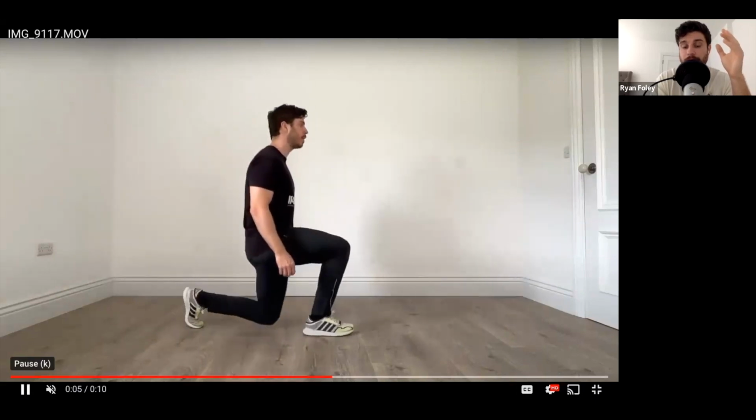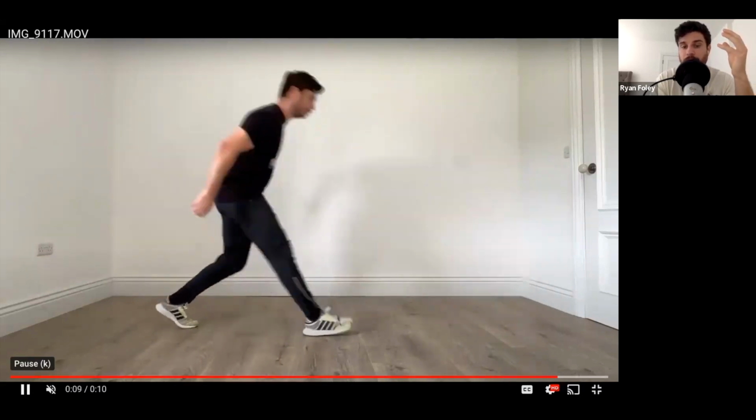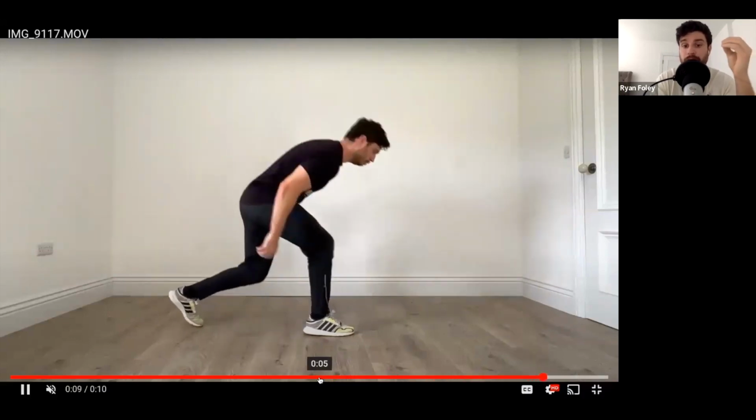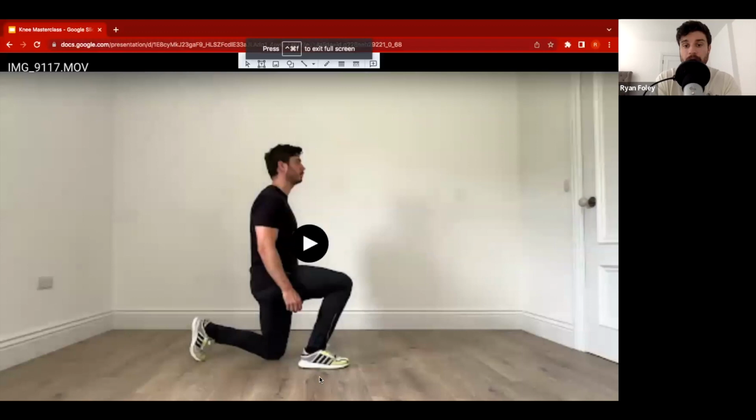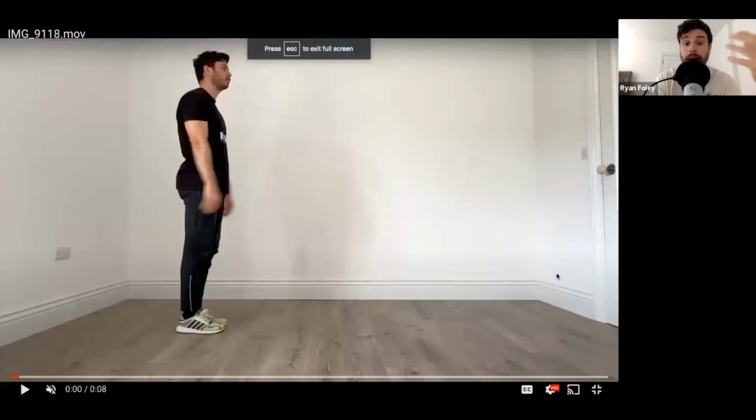What you'll see oftentimes is this hinging forward of the trunk as they push, because they're just not confident in the distal quadriceps to be able to generate those forces concentrically. Okay. This will become more apparent when you're challenging the eccentric components. Okay, when you're challenging the distal quadriceps' ability to manage those forces.